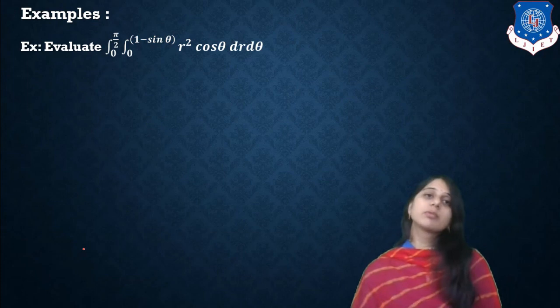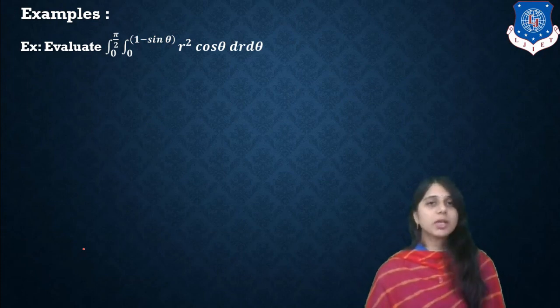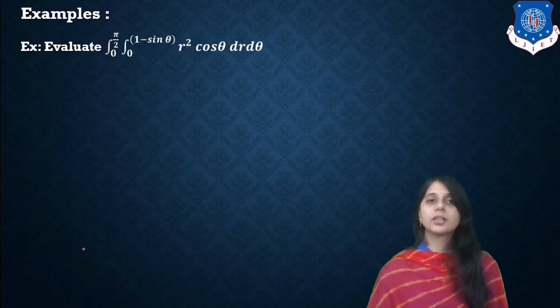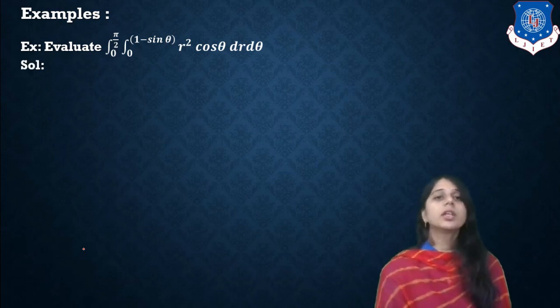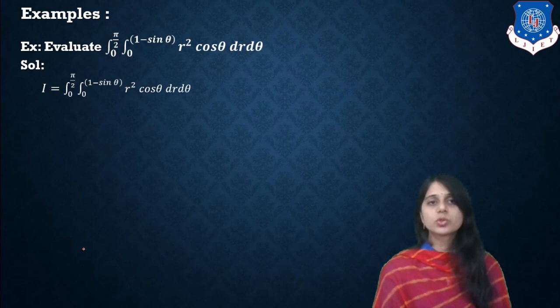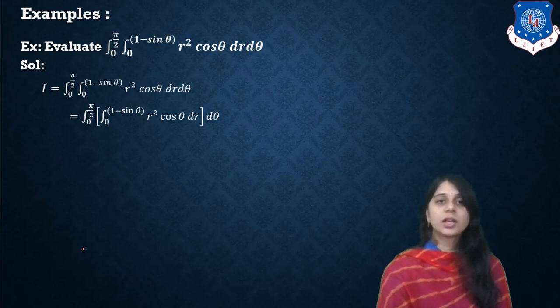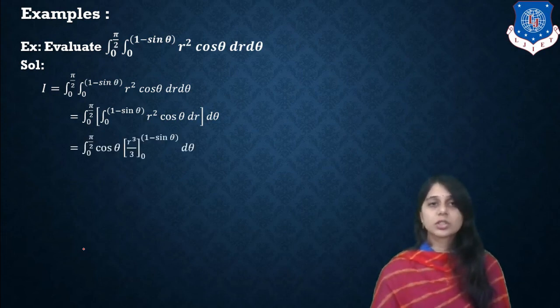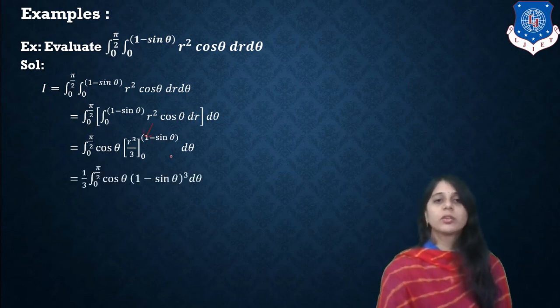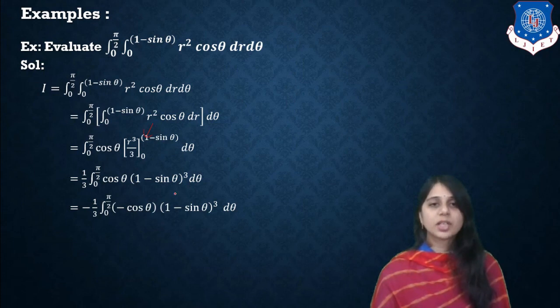Now the next example: evaluate the integral from 0 to pi by 2, 0 to 1 minus sine theta, of r square cos theta dr d theta. What is the integration of r square cos theta dr? Cos theta is a constant, so the integration of r square is r cube by 3. Putting the upper limit minus lower limit, we get cos theta times 1 minus sine theta raised to 3, d theta.